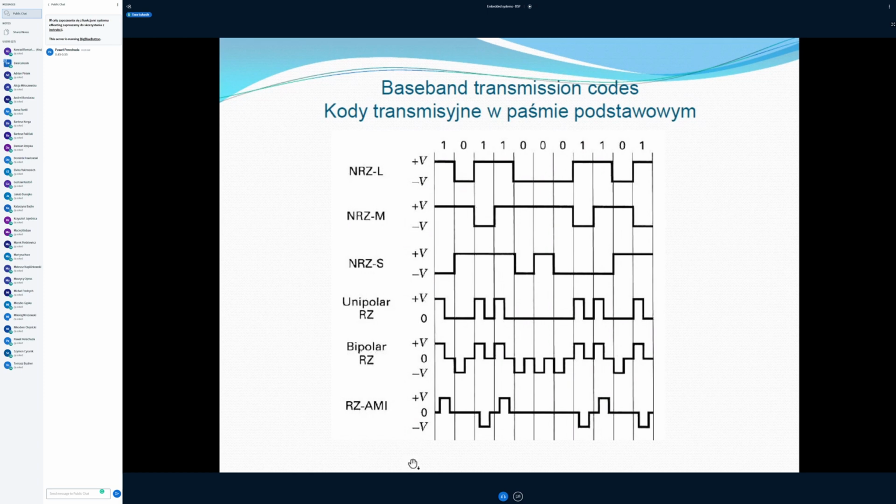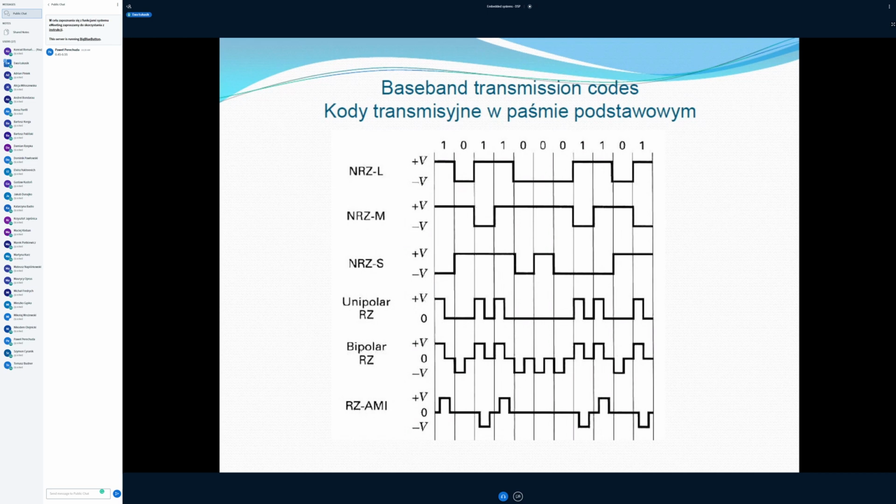That's why sometimes we have a bipolar return to 0. It means that when we have ones transmitted, we have high voltage, and when we have 0, we have a negative value of our voltage. So it's easier. So we call it bipolar return to 0 code.